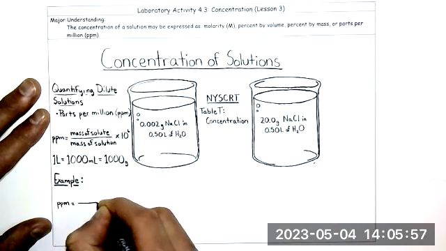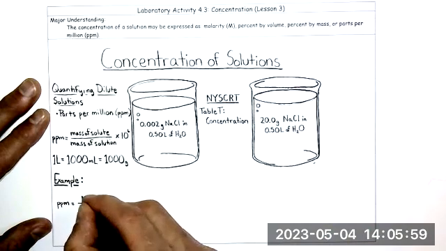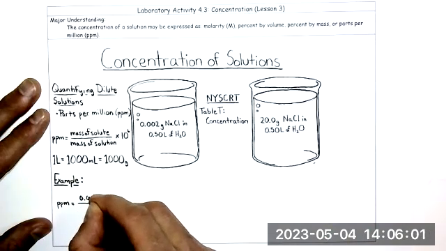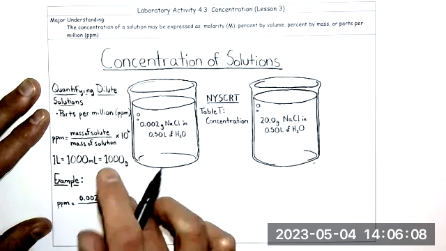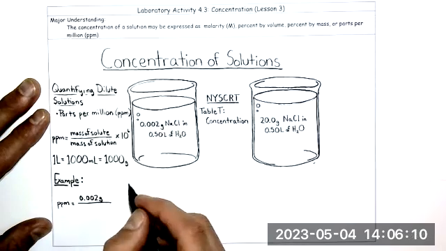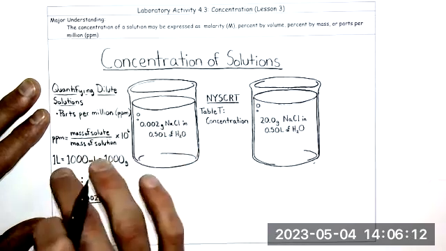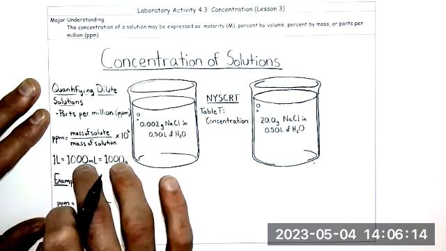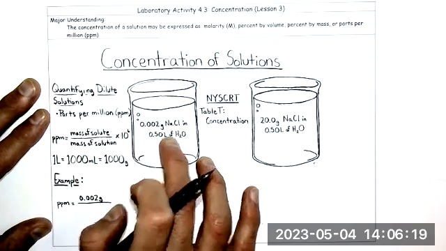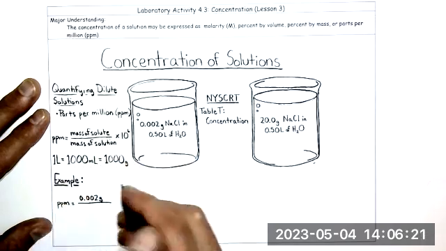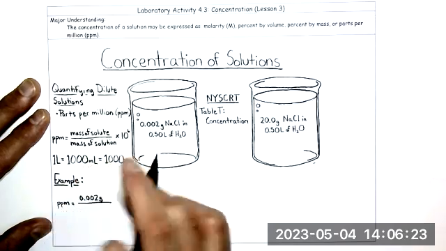We know that we have 0.002 grams of NaCl, so that's our mass of solute. Since 1 liter has 1,000 milliliters, 0.5 liters would have 500 milliliters, and each milliliter is worth 1 gram.